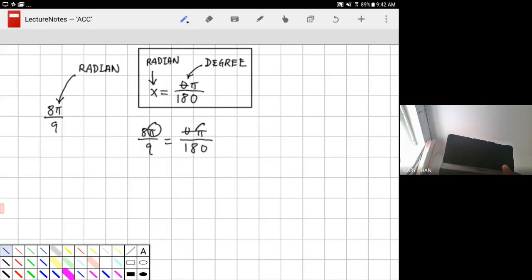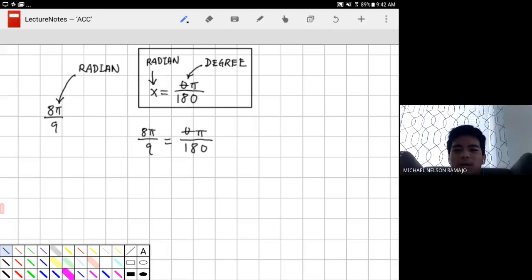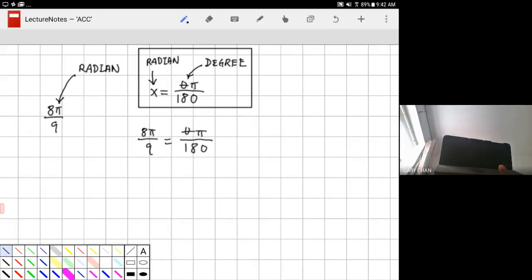I notice I have a pi here and a pi here. We can cancel them out. This becomes 8 over 9 is equal to theta over 180.